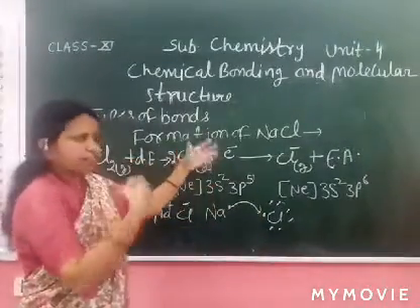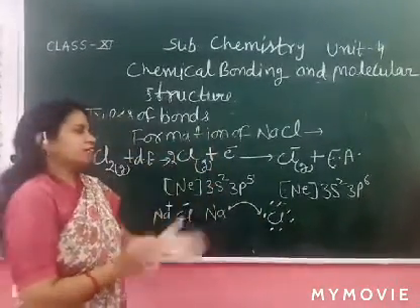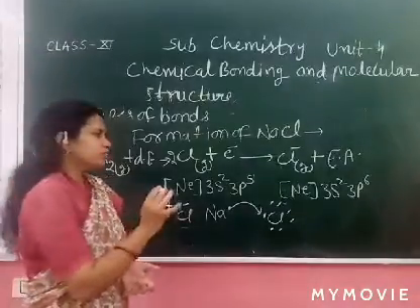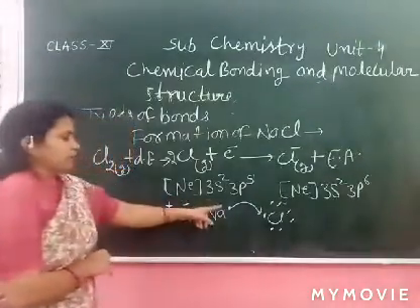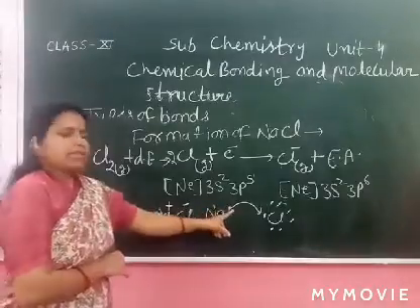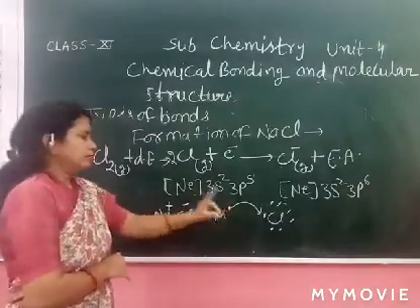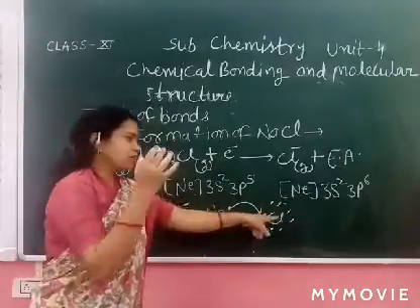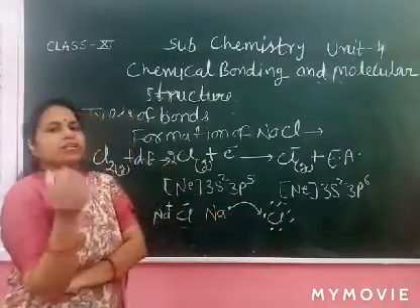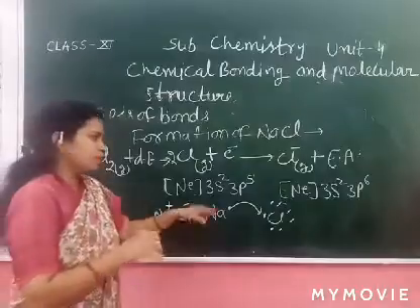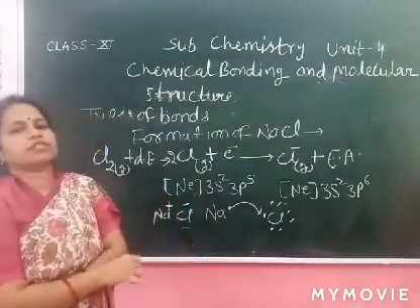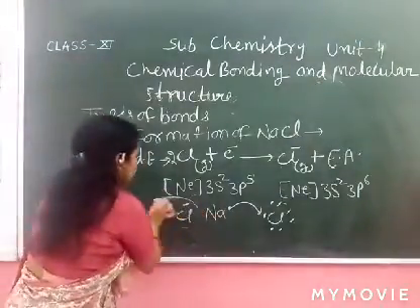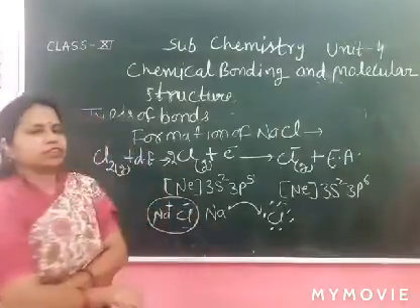Sodium gives up its electron and there is no electron left. Sodium plus is formed and Cl minus accepts it. Cl accepts the electron and becomes stable, and sodium after donation becomes stable. So this is called the ionic bond.